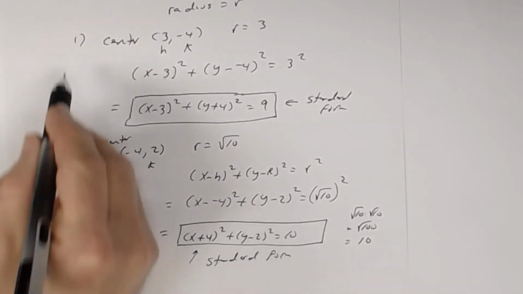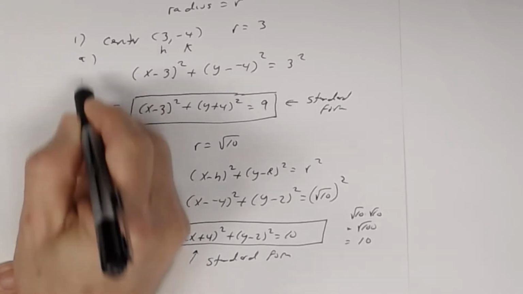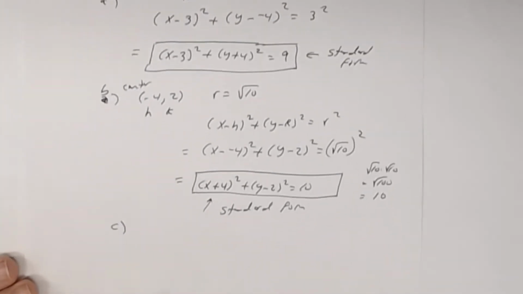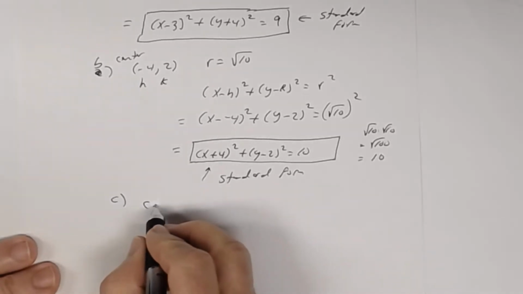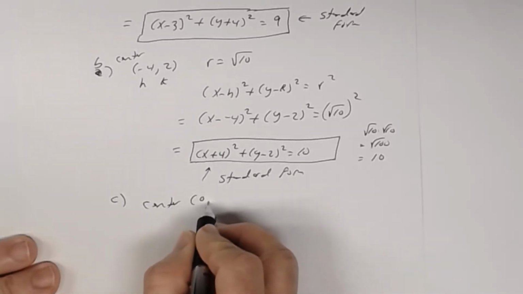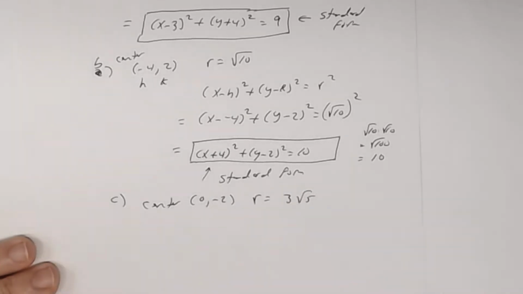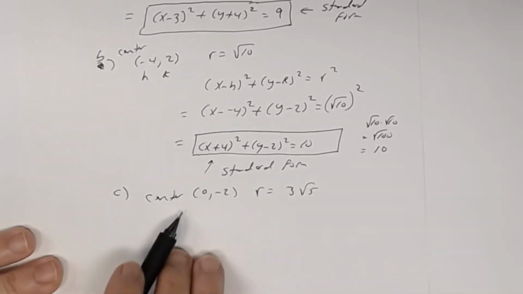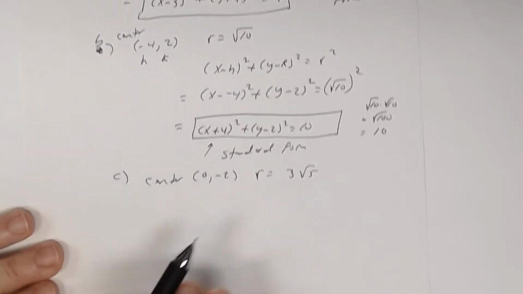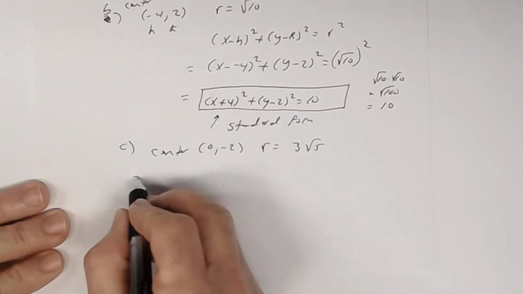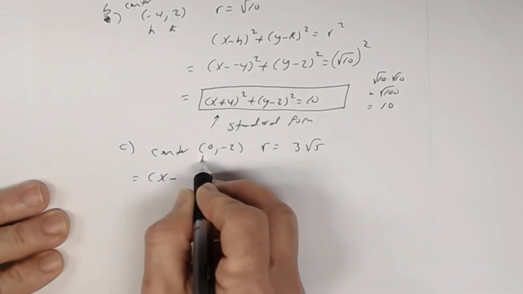So this was number 1A, this was number 1B, and now let's look at C. For C, the center is (0, -2) and the radius is 3 square root of 5. Remember our formula: this is h, this is k.